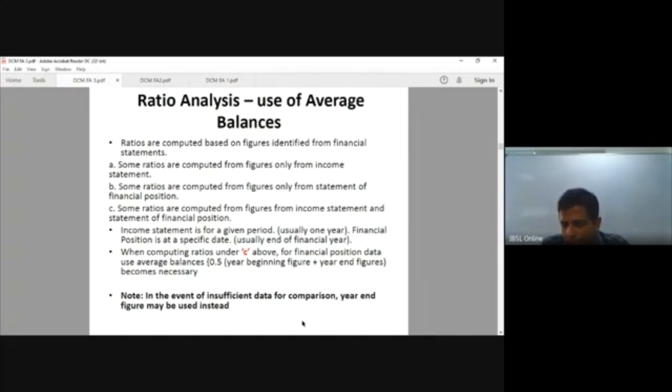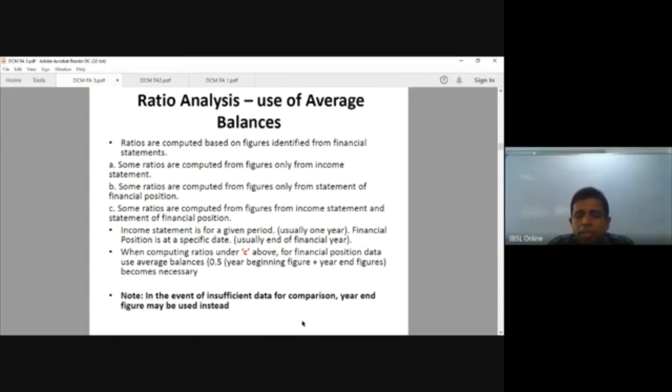Under ratio analysis, use of average balances. There are some situations where we have to use average balances. There are some situations where we do not require to use the average balances. Right? When I am correcting your papers, I tend to notice that some have incorrectly used the average balances, where they could have used the same number, they average it and use it.